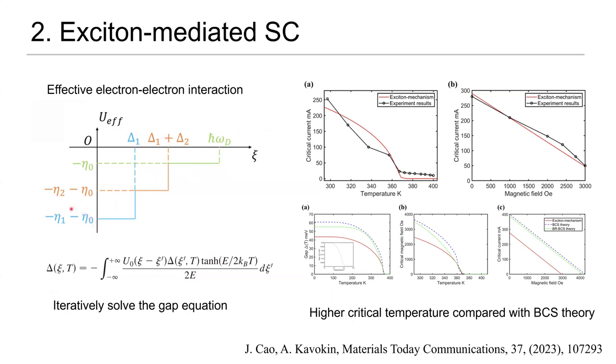For example, the intraband transition happens when the electron only gains kinetic energy, and the energy cutoff is exactly the energy difference between the second band and the first band.